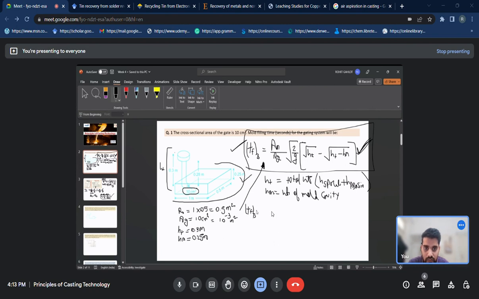When you calculate, the area of the mold is 0.5 meter square, divided by the area of the gate, 10 to the power minus 3, into the square root of 2 divided by 9.81, as the units are consistent, we are writing it in meter per second, and multiplying by root 0.3 minus root 0.25. Anyone who solved this?